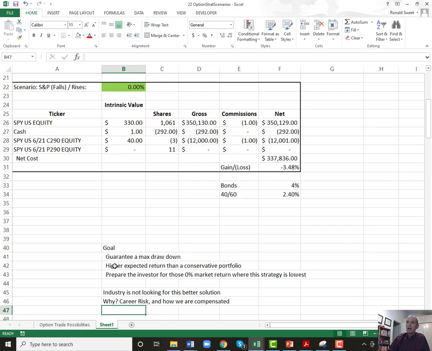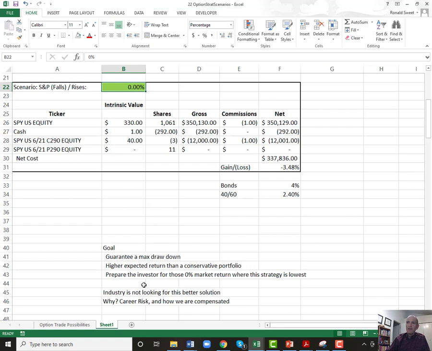We don't have to convince the client of this. If we do this approach and the first year just happens to be the 0% year, and all our clients leave us and we're done for, that's what the industry thinks. The industry is here because of career risk, and that's what they focus on.